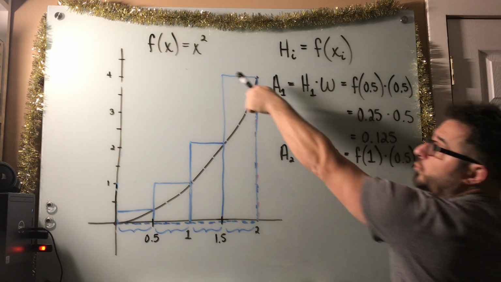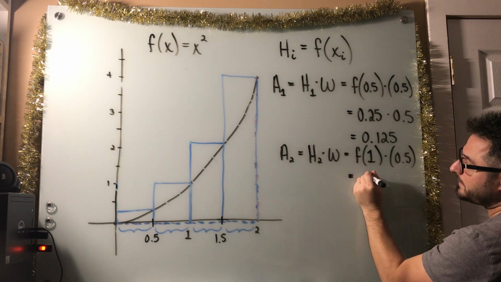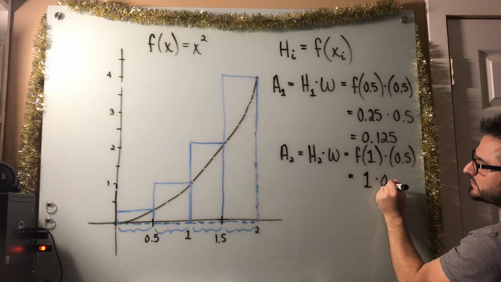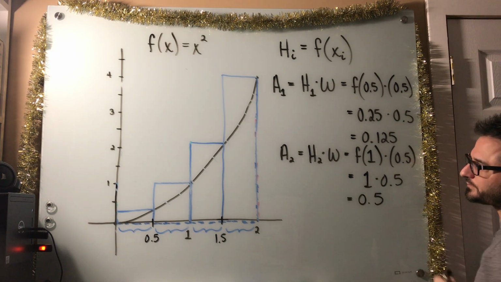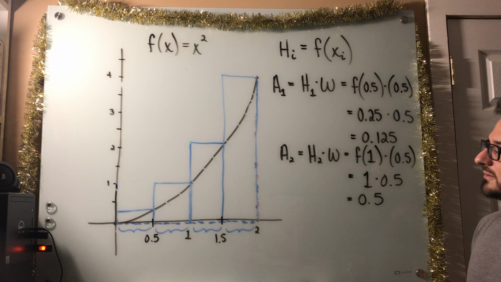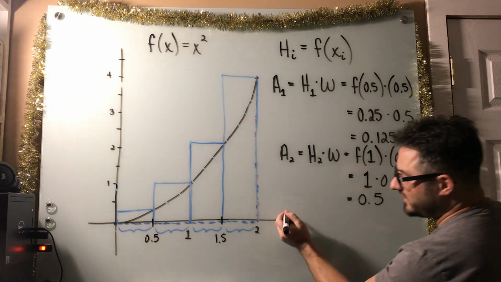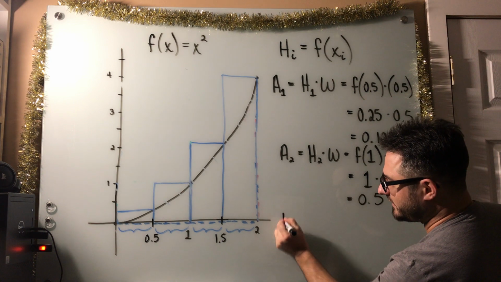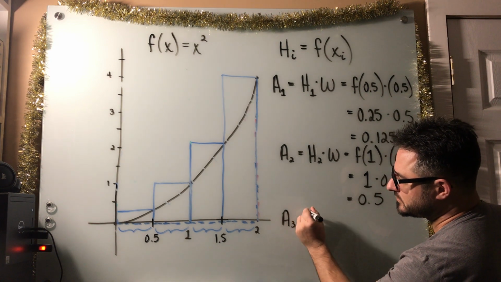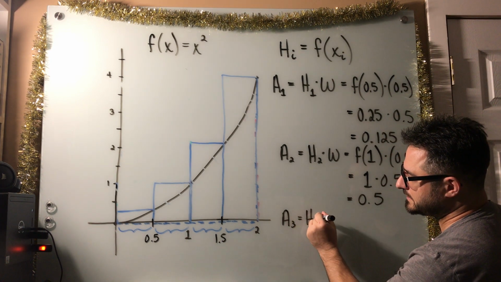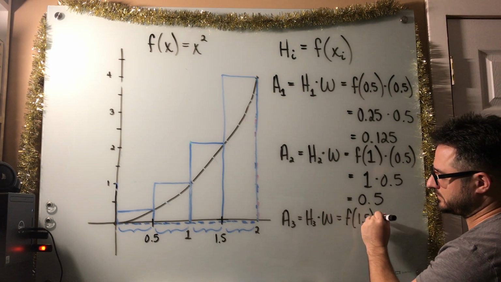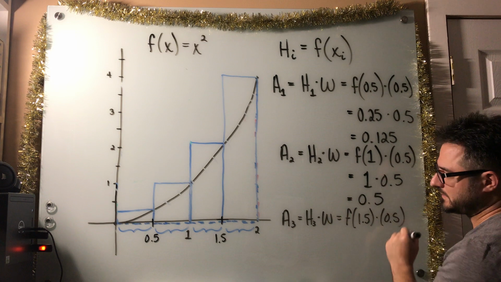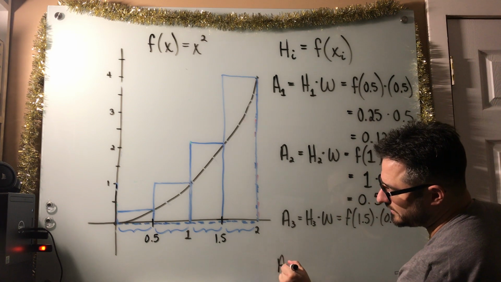So, 1 squared is 1. Unfortunately, this one's nice and easy. Now, we would have to do the same thing for the third rectangle. And for the fourth rectangle.